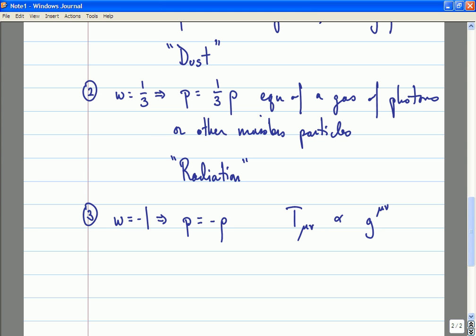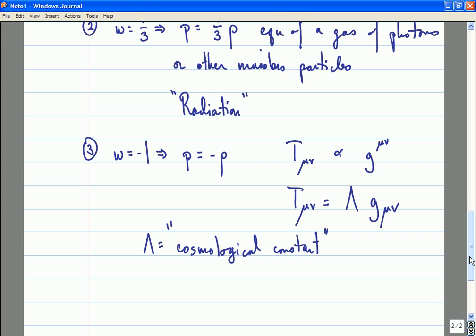The reason why I forgot the relative sign there is that we usually have a different name for this quantity when we consider matter with P equals minus rho. We usually call that quantity lambda, and lambda is referred to as a cosmological constant, or alternatively as vacuum energy.